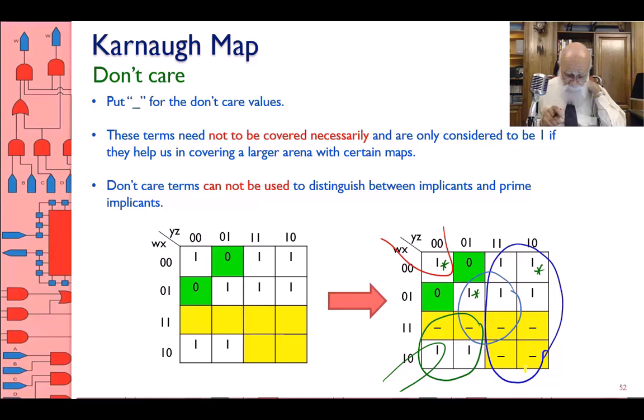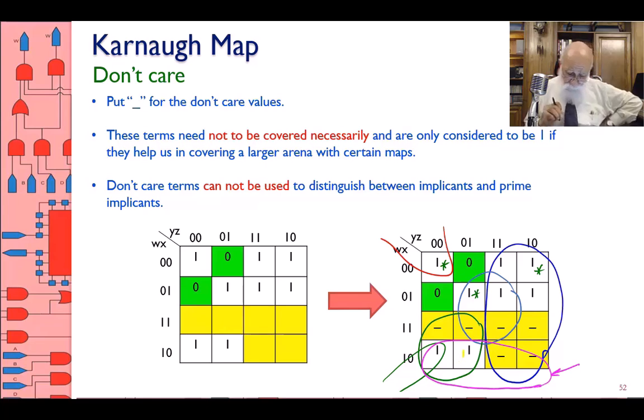Okay, this one is an essential one, but then let me tell you, this is not essential. The dark green one is not essential because this one is covered by the dark green one, and also is covered by this group on the lower right.